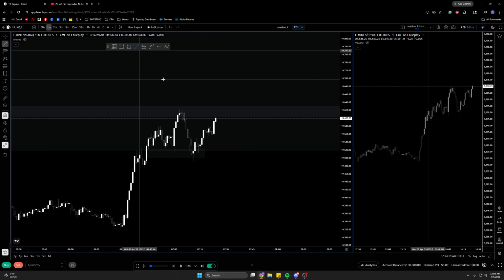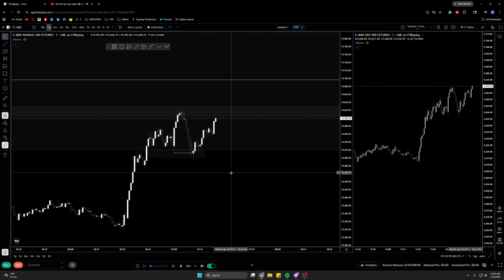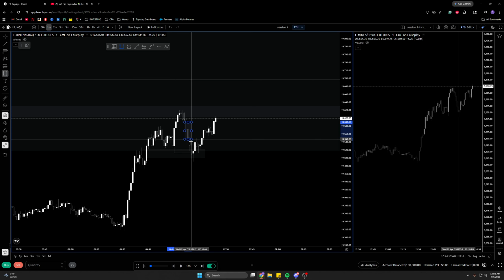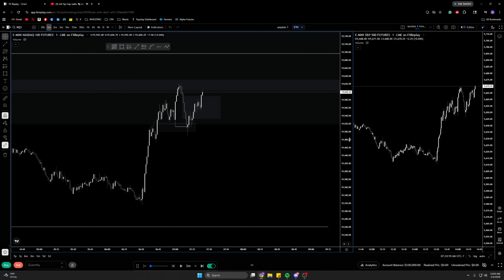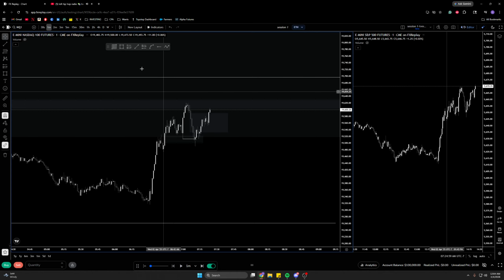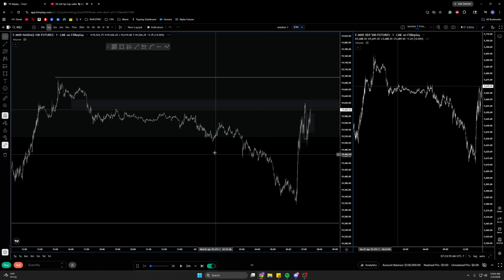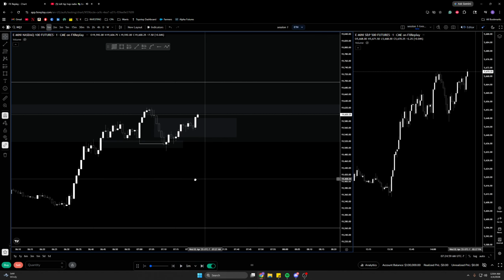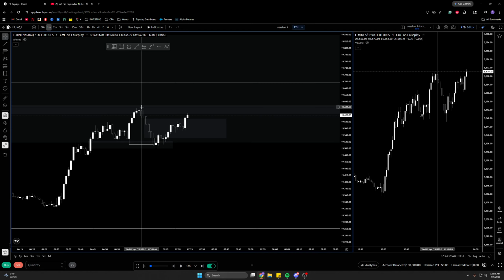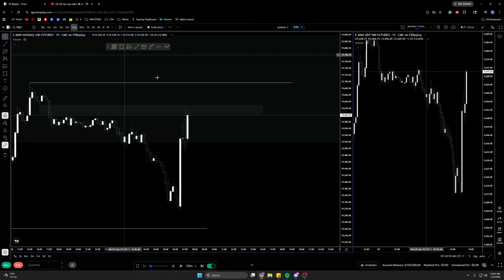I'm seeing this gap here, just internal manipulation, and I'm seeing this inverse fair value gap. I like to line them up pretty much, so I'm seeing a bunch of gaps here being lined up. This could be good for some longs up until this high, and then we have a nice break even here as well. But looks like ES kind of already took that.